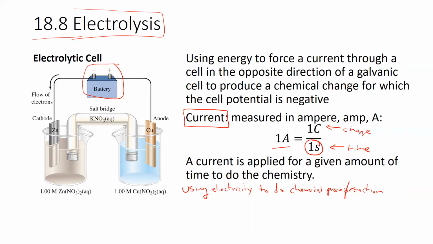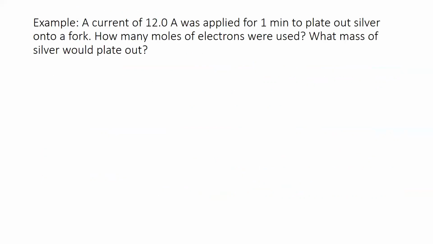So your time units in seconds cancel. And so you're going to figure out the total charge. And the total charge is related, of course, to the number of electrons or moles of electrons through Faraday's constant. And so you can figure out how many moles of a product you can make based on the current and the time and the number of electrons at play in a chemical reaction. And that's the next example we're going to do.